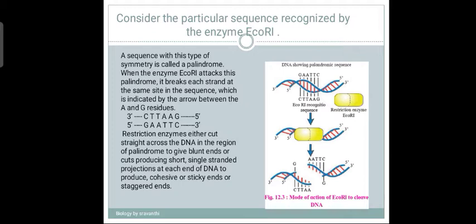In this manner the restriction enzyme breaks up the double-stranded DNA, and you can see the two double-stranded DNAs are separated. So this is the function of the restriction enzyme.